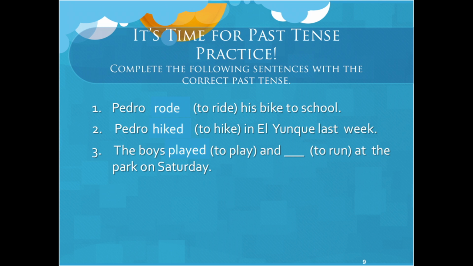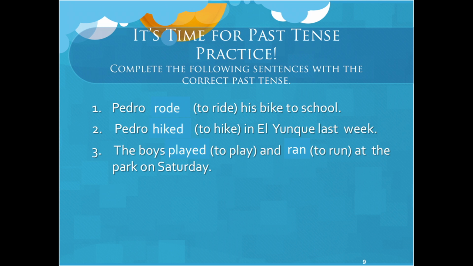What about to run? What is run? Is it a regular or irregular? I think it may be irregular. That's right. It's on that list. So we would have to change it to ran. So the entire sentence would read, the boys played and ran at the park on Saturday.